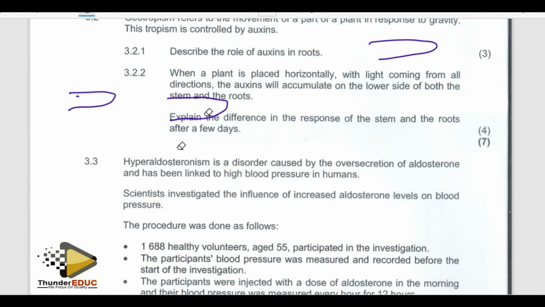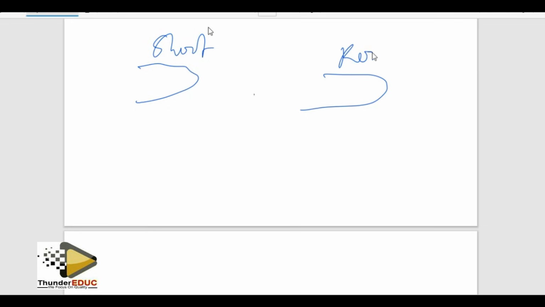You have a plant, you place it here and you also place it here. If this is a shoot, and this is a root, but if you have light from the top, what's going to happen? You're going to have a high concentration of auxin here. Don't forget that the role of auxin in roots is that it brings about growth.